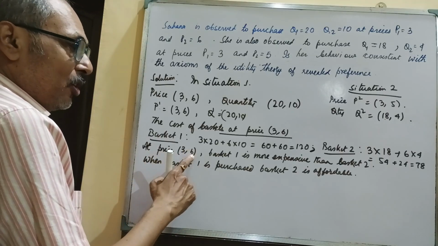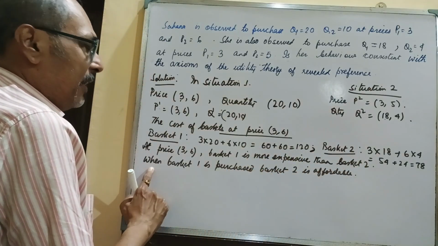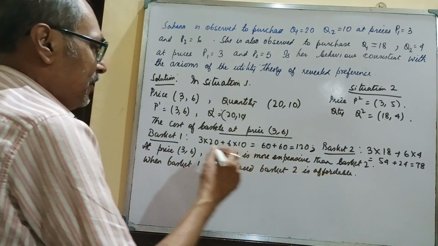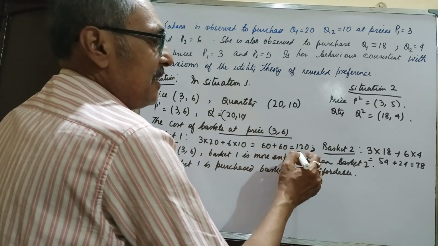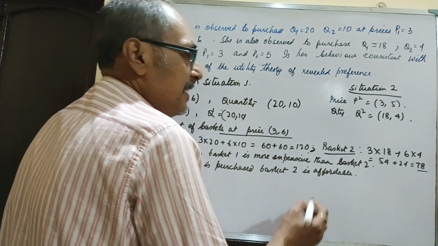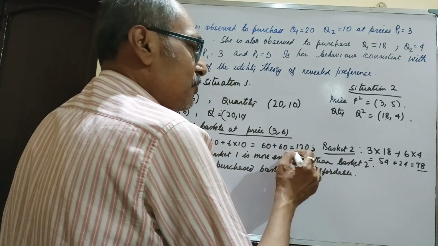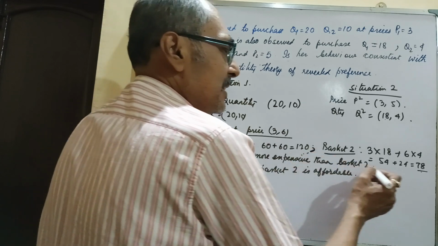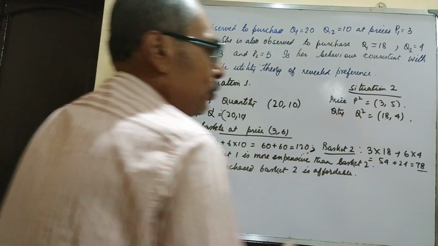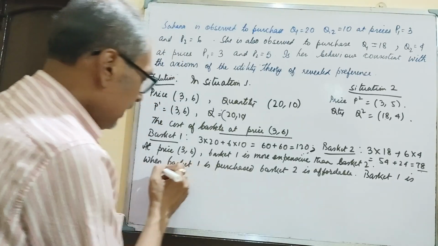The cost of basket 1 at the initial price is 120. The cost of basket 2 at the initial price is 78. That means basket 1 is more expensive than basket 2. When basket 1 is purchased, then basket 2 is affordable. That means basket 1 is revealed preferred to basket 2.